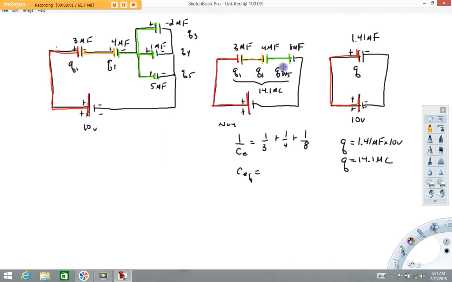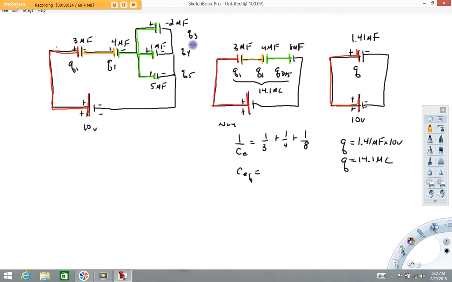This one, however, isn't the ones we want. What we want are Q3, Q4, Q5, and what we have is Q3, 4, 5. And what I meant by that is that's the total charge on the system. So the 14.1 microcoulombs is good here and here, but not over here, not for these. What is true is the 14.1 is the sum of these 3.